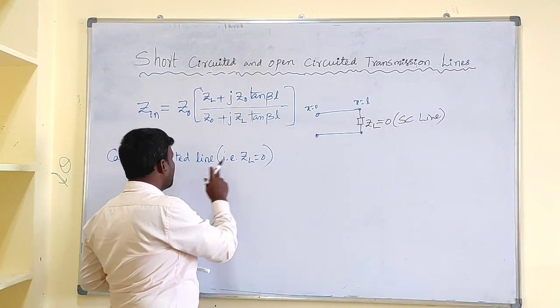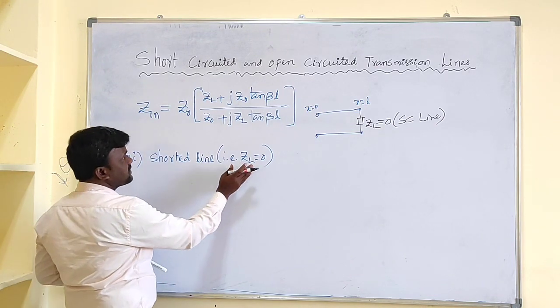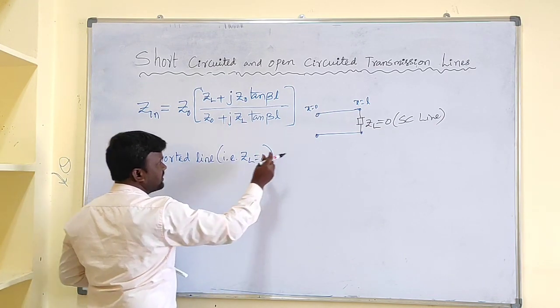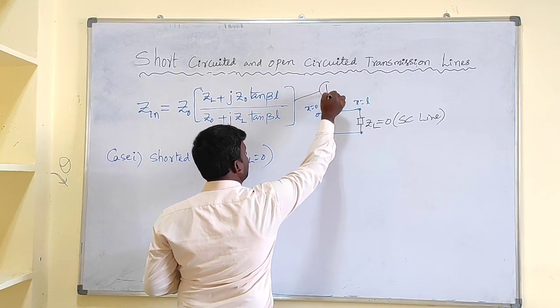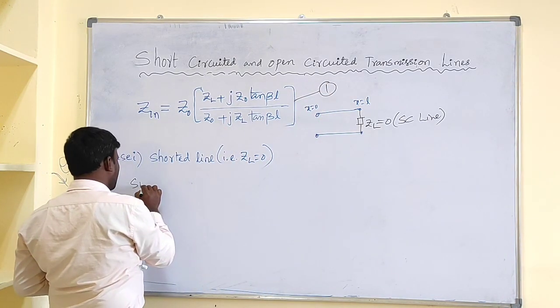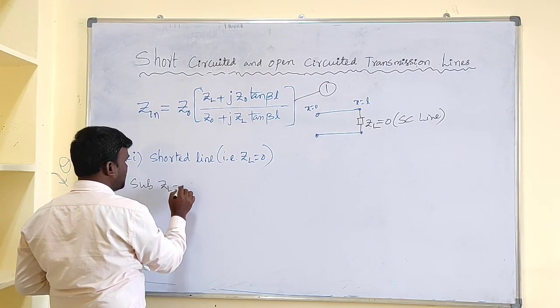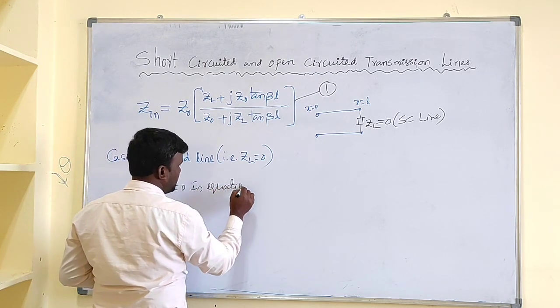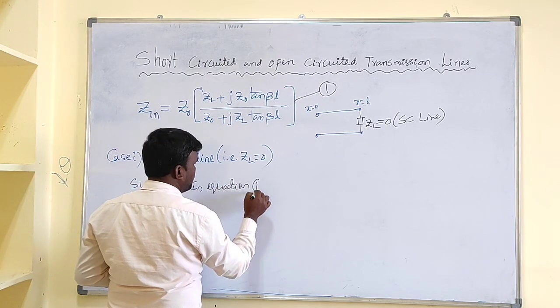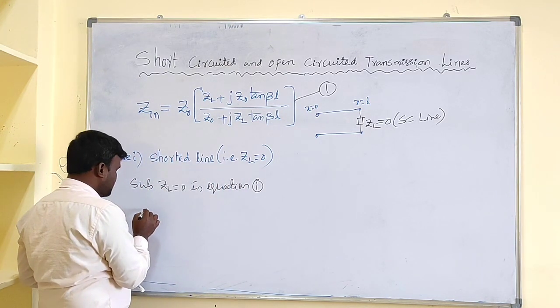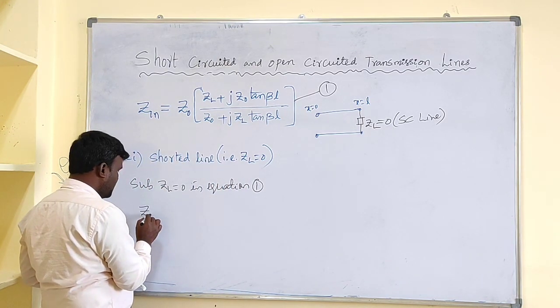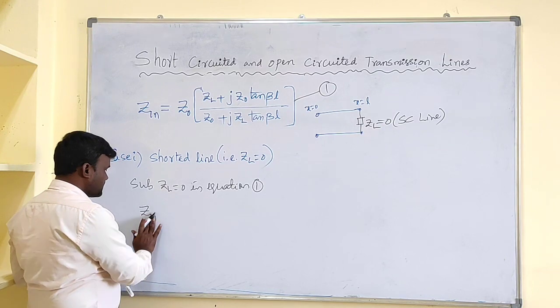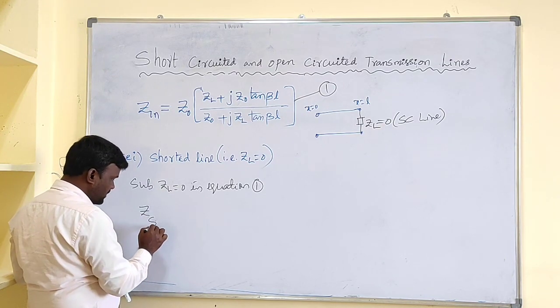For the short circuited line, ZL equal to 0, let us substitute ZL as 0 in equation 1. If you substitute ZL as 0 in equation 1, we will get the input impedance of the short circuit line.